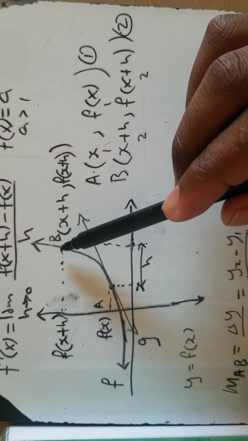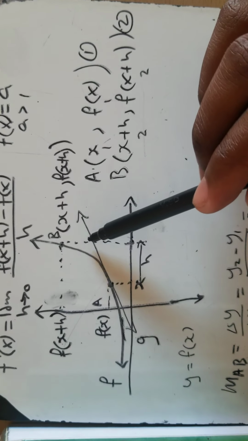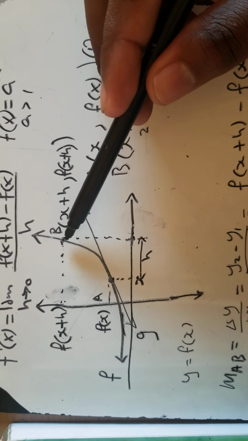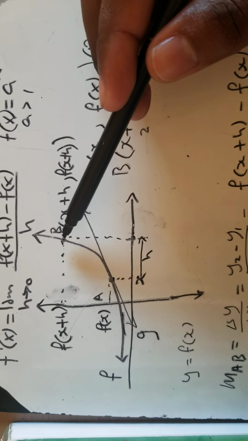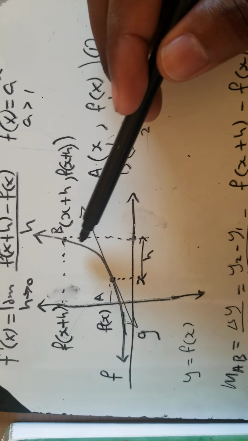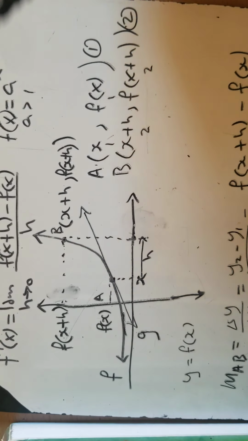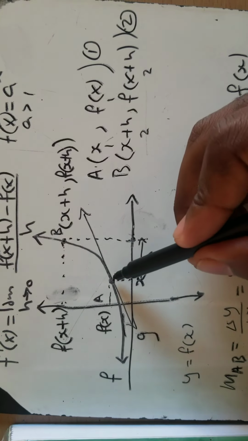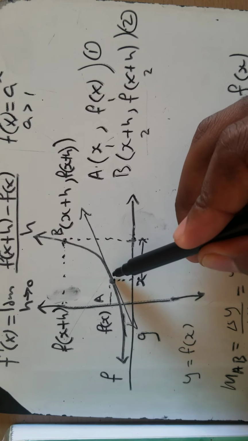The gradient at point B can't be the same as the gradient at this point, because these functions are not even parallel. There's nothing that combines this point and this. There's no point of intersection between these two curves or functions, if I may call them that. So we need to find the gradient at this point.